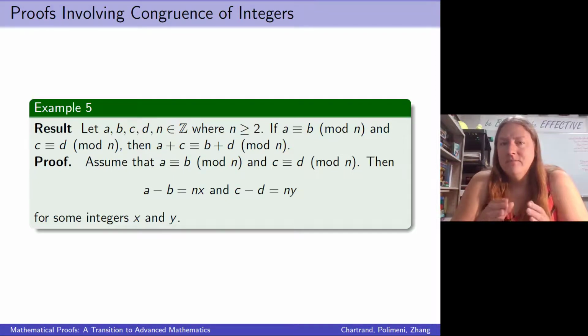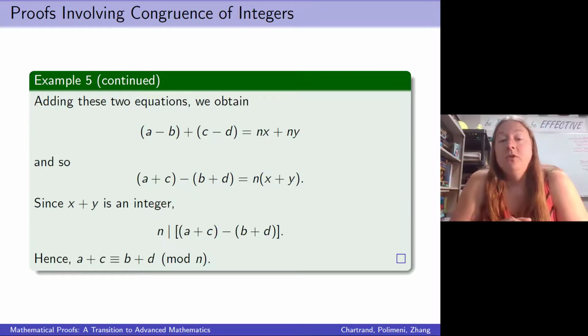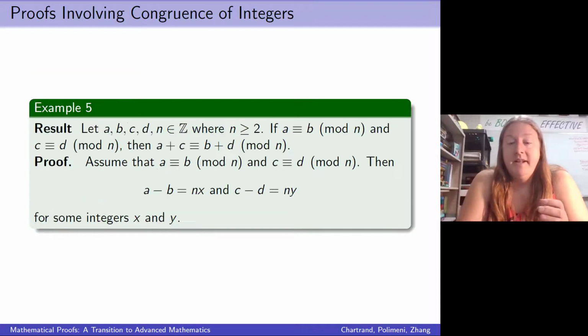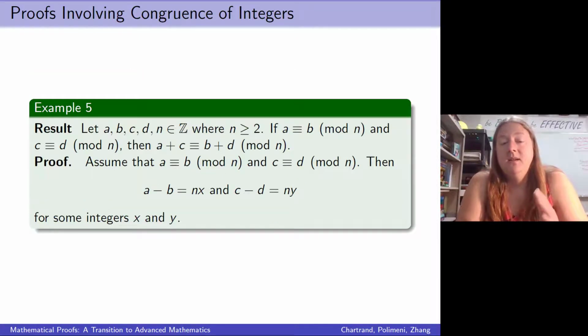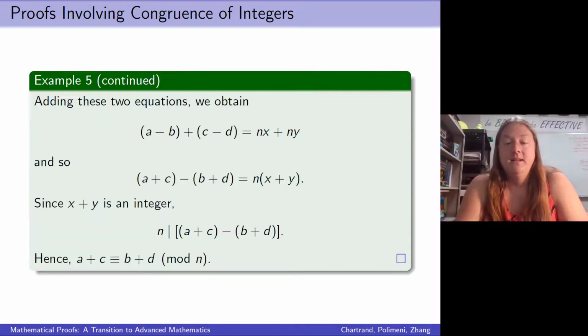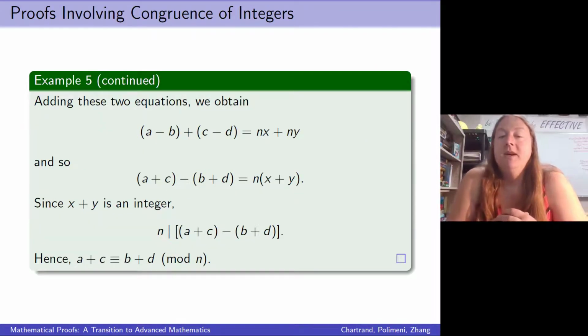Now I'm going to take those two equations, a minus b equals nx and c minus d equals ny. I'm going to add the two left-hand sides together and the two right-hand sides together. That gives me a minus b plus c minus d equals nx plus ny.